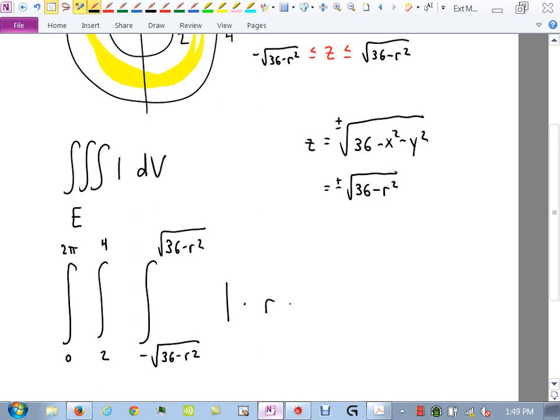So times r dz dr d theta. See how that's going to work? The important thing here is to remember that you're going to have an r in there. And also, because it's a triple integral, you've got to have 3 differentials. You've got to have dz, dr, and d theta.